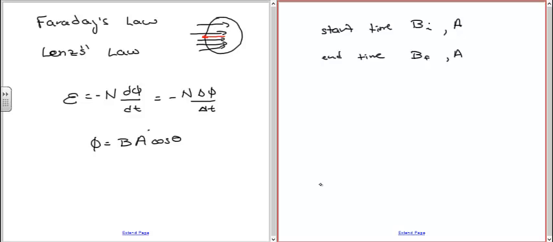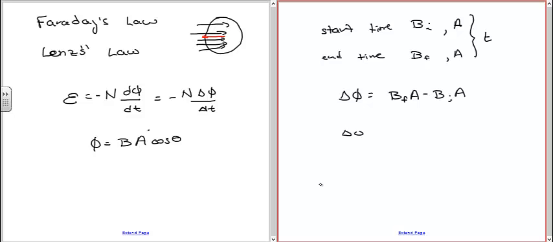So the change in magnetic flux is just going to be equal to the final magnetic field strength times the area, that's the final magnetic flux, minus the initial magnetic field strength times the area. So that gives you the delta phi, and there's some time over which this change occurs, so that's t.